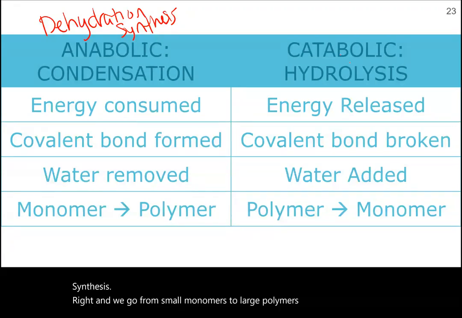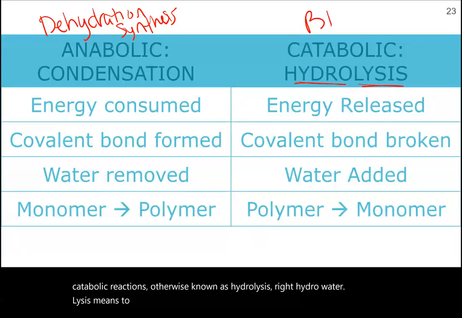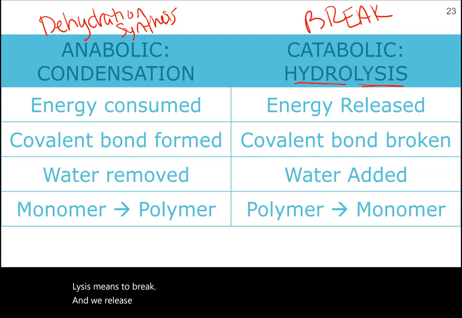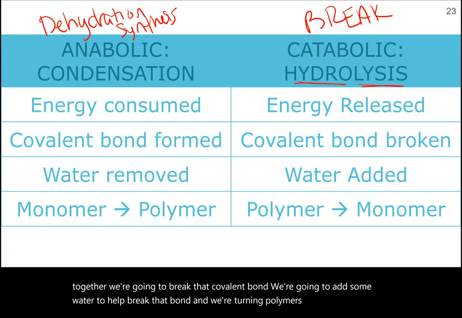Conversely, we have catabolic reactions, otherwise known as hydrolysis, right? Hydro, water. Lysis means to break. And we release energy when we break chemical bonds that hold molecules together. We're going to break that covalent bond. We're going to add some water to help break that bond. And we're turning polymers, bigger molecules, into small.